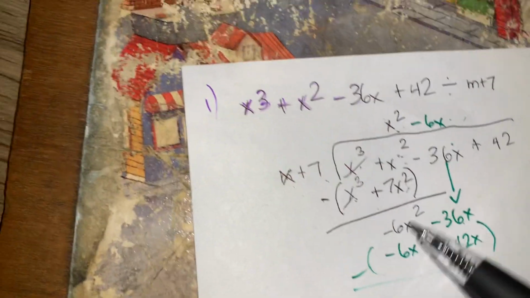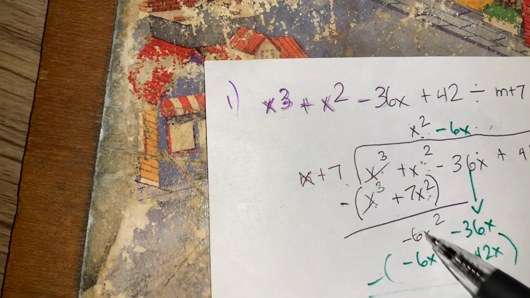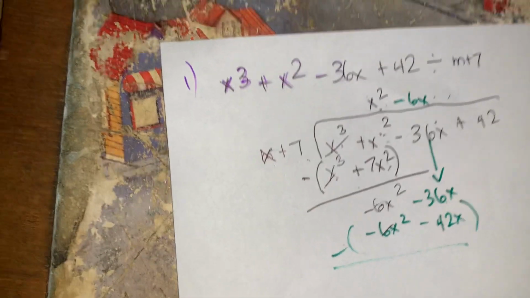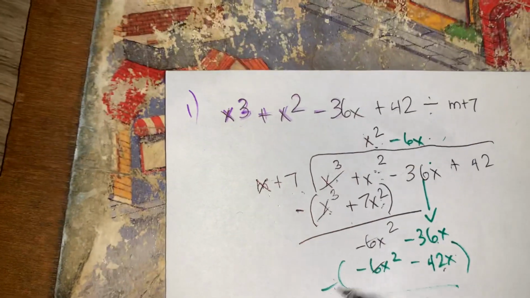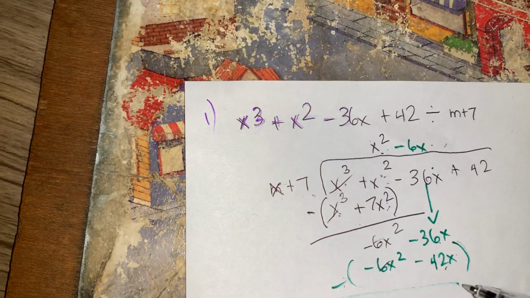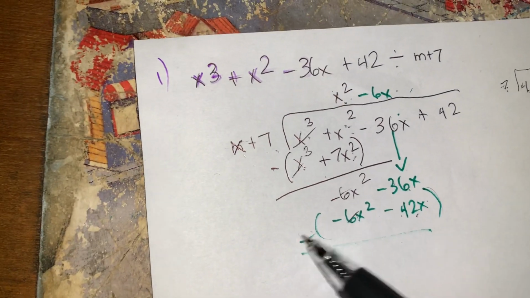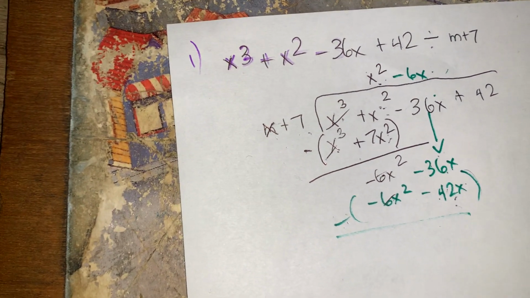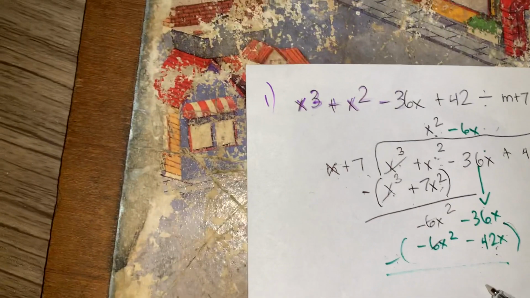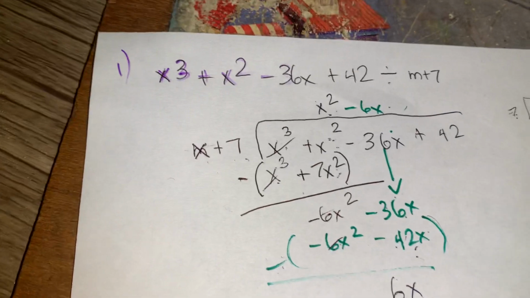Minus 6x squared plus 6x squared cancels out. And then minus 36x plus 42x. The signs get kind of confusing sometimes, which is why I like to put the parentheses. That way I don't make a mistake. Minus a minus is a plus. So minus 36x plus 42x will be 6x.